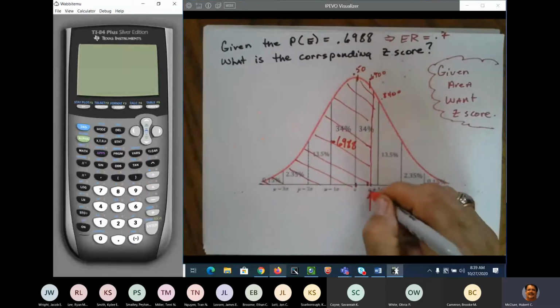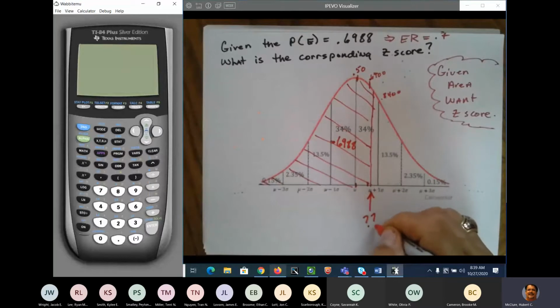But we don't know that z-score, so we've got to find it. Good news is it's real easy to do in your calculator.